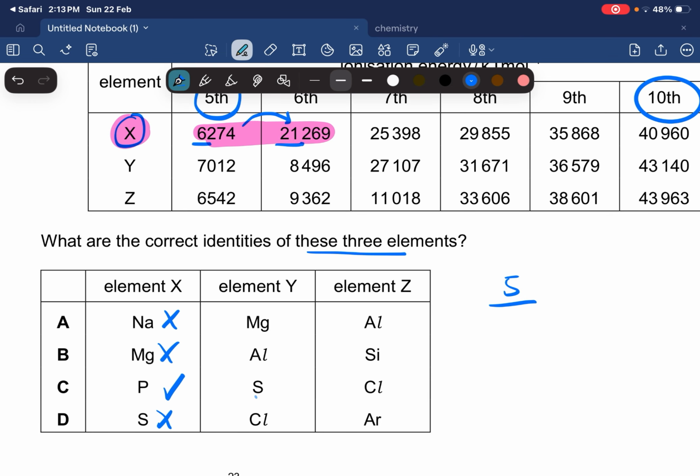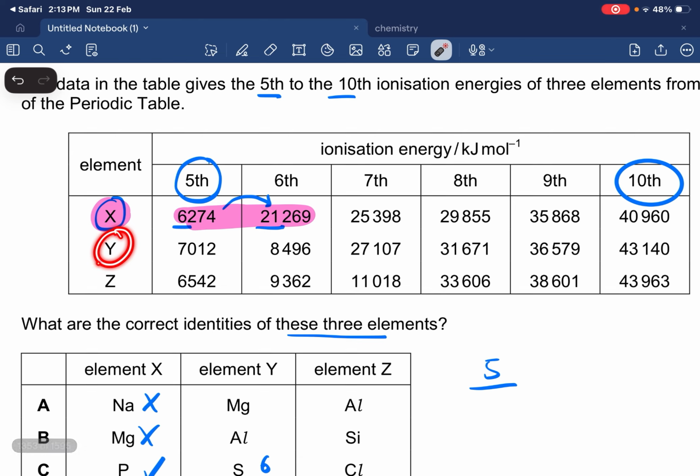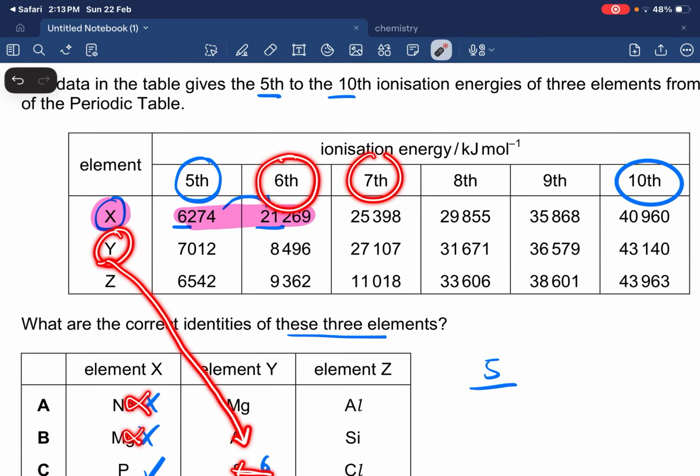But still, just to confirm, sulfur is in group 6. So over here, for element Y, if we consider it to be sulfur, since we've crossed out options A, B and D, sulfur should have a very big jump from the 6th to 7th ionization energies if it's in group 6. Over here you can see from 7,000 to 8,000, just a jump of 1,000, from 8,000 to 27,000.